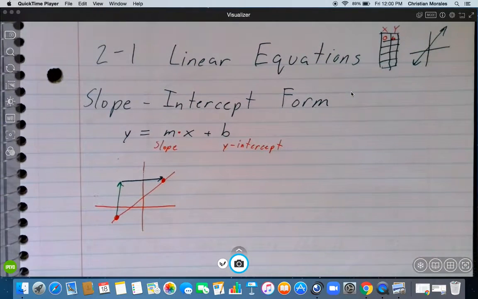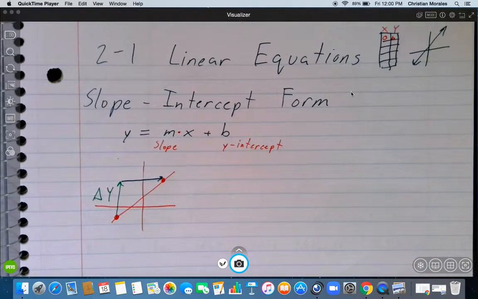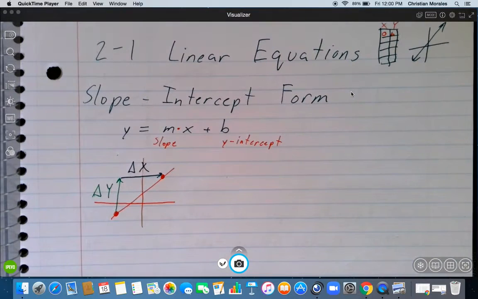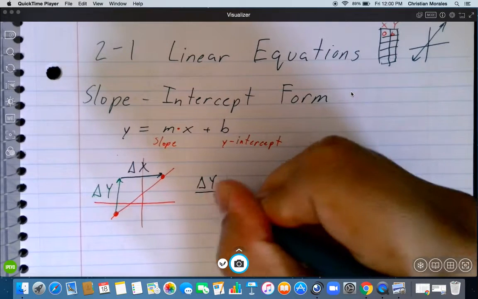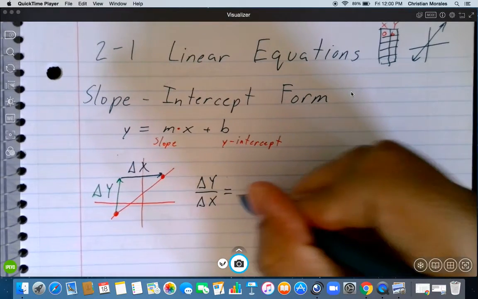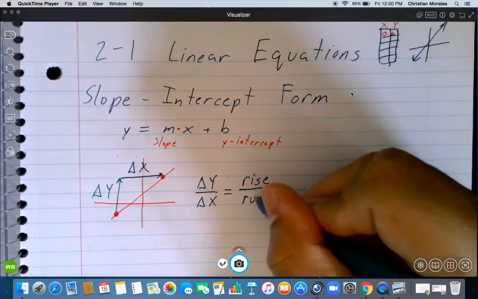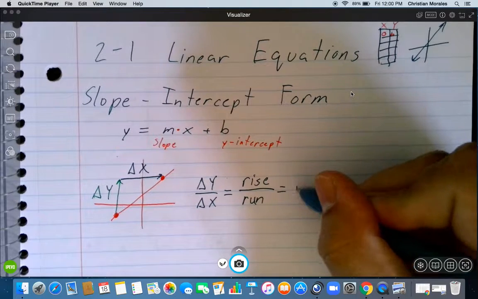So we call this the change in y. That's a symbol for representing the change in y and the change in x. So you have to find the slope and you write that as a fraction. You have the change in y over the change in x. Some people call it the rise and the run. And that'll give you slope.